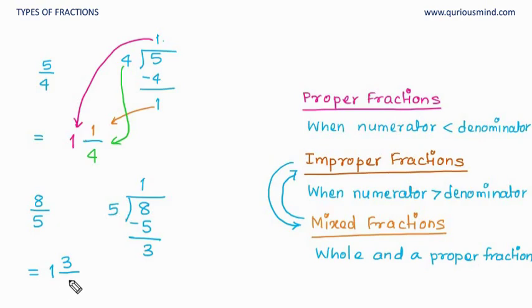And the divisor is our denominator, or the denominator stays the same. So 8 upon 5 is the same as 1 whole 3 upon 5. And so we call it Q R upon D, where Q is quotient, R is remainder, and D is divisor.